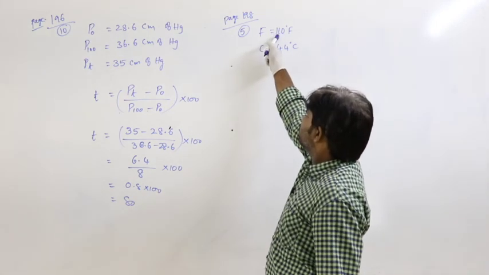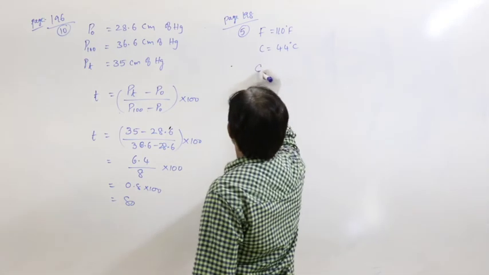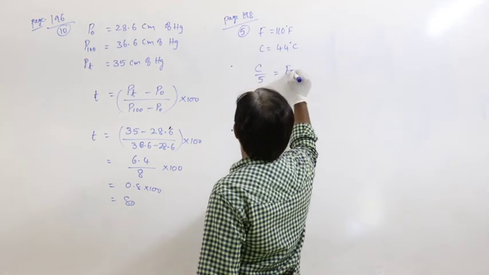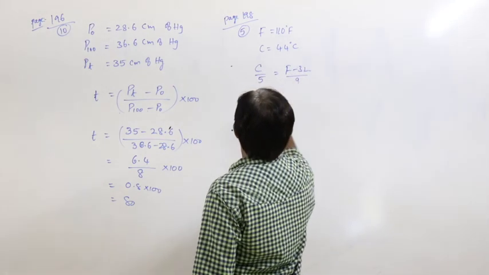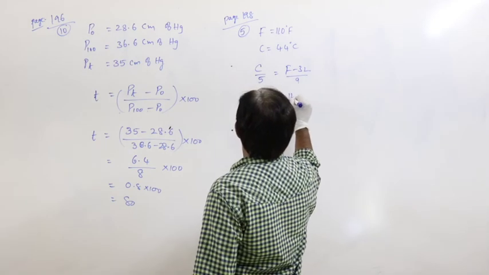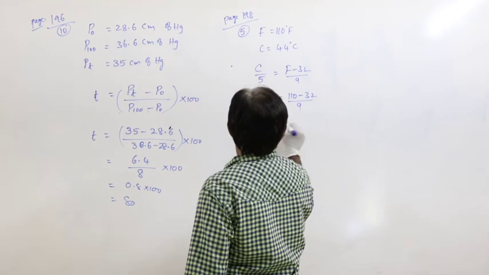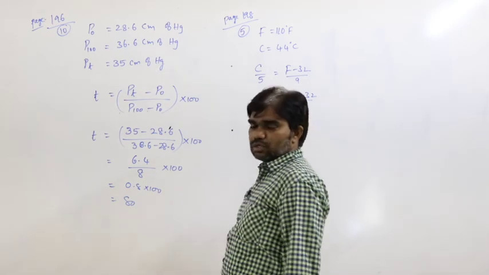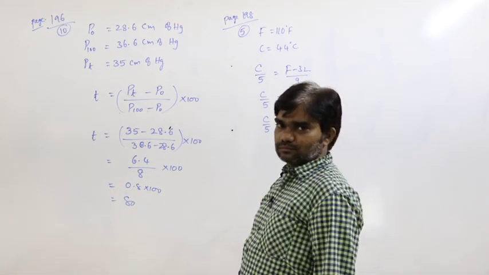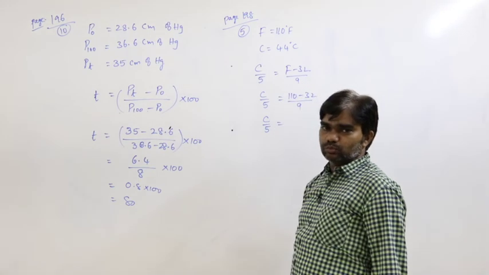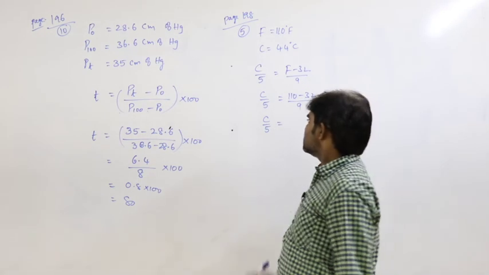So if we convert Fahrenheit to Celsius, C by 5 equals F minus 32 by 9. So C by 5 equals 110 minus 32 by 9. 110 minus 32 is 78.